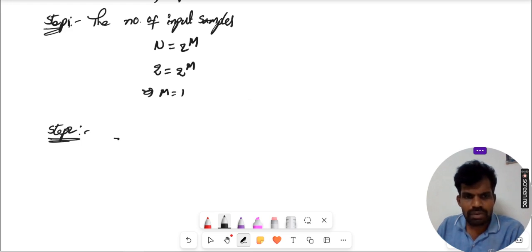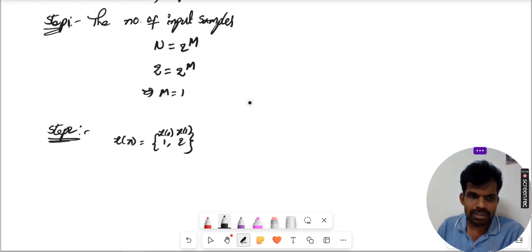So let us write down the input sequence x of n: 1, 2. It is x of 0, it is x of 1. Whatever is in the bracket, that is the index. First of all, let us write down the index and the binary representation of that index.